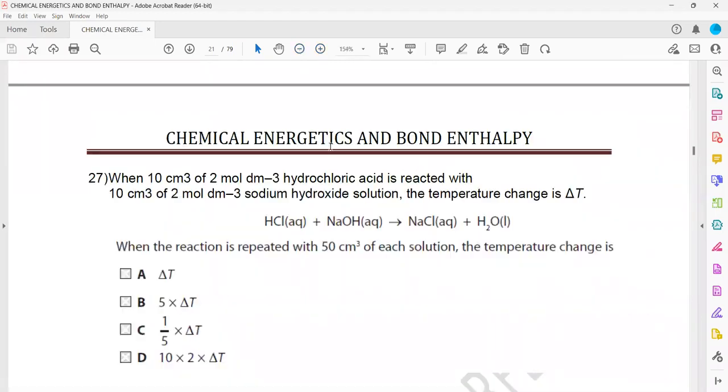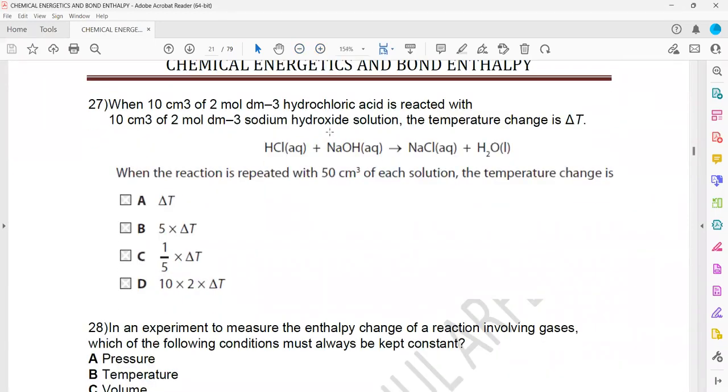In question 27, when 10 cm cube of 2 mole per dm cube hydrochloric acid reacted with 10 cm cube of 2 mole per dm cube sodium hydroxide, the temperature change is delta T. When the reaction is repeated with 50 cm cube of each solution, what will happen to delta T?